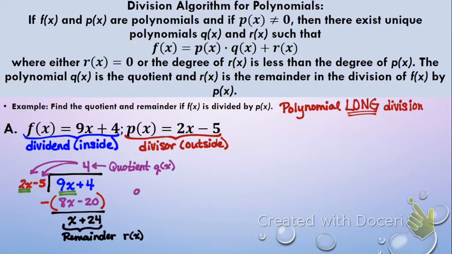So when I go to write q of x and r of x, q of x would be 4, and r of x would be x plus 24.